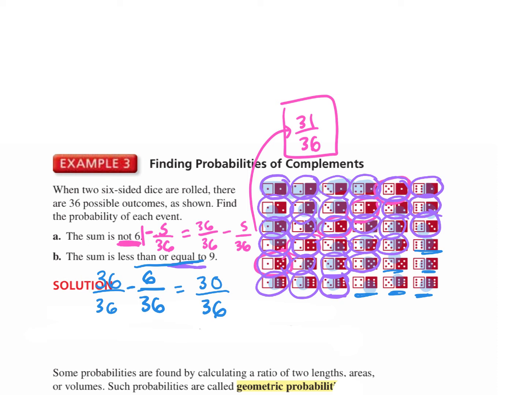And how could we simplify this? What number goes into 30 and 36? 6, I think. 6 goes into both, right? So divide both by 6. So that would be 5 over 6. Perfect.